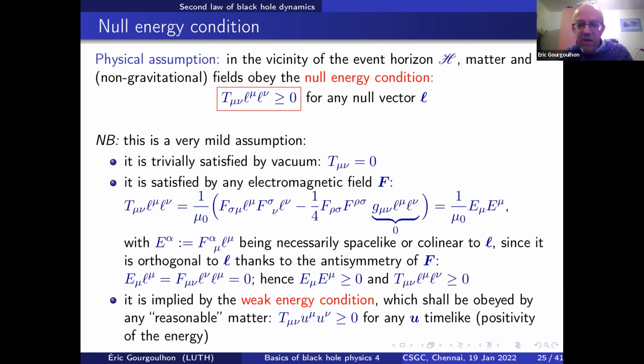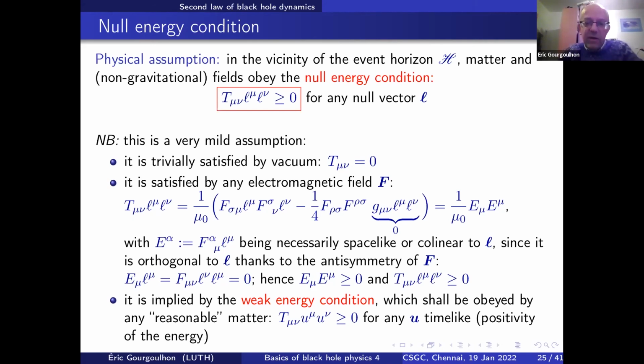It's very difficult to find a model that violates them. You can have some theoretical models of matter, but all matter that we know, for instance neutron star matter, very dense nuclear matter, every kind of matter that we know obeys these energy conditions. To violate them, you have to get to quite exotic things.